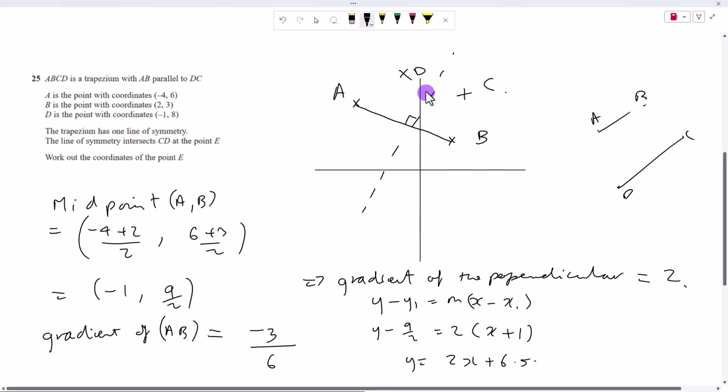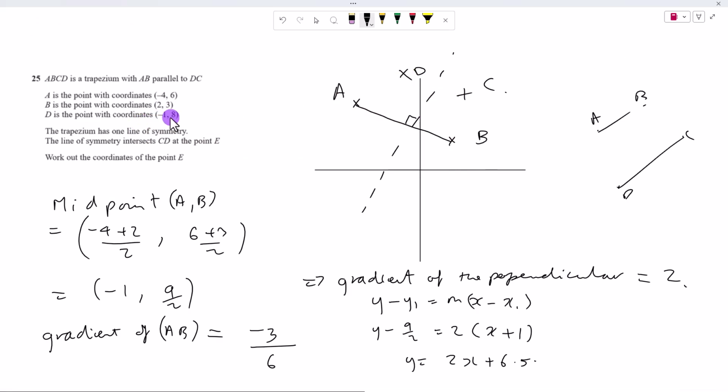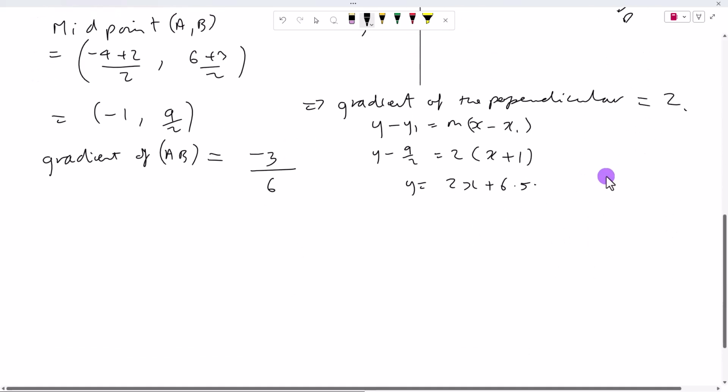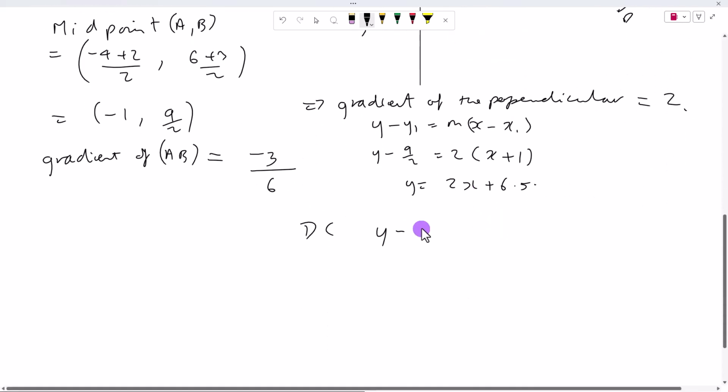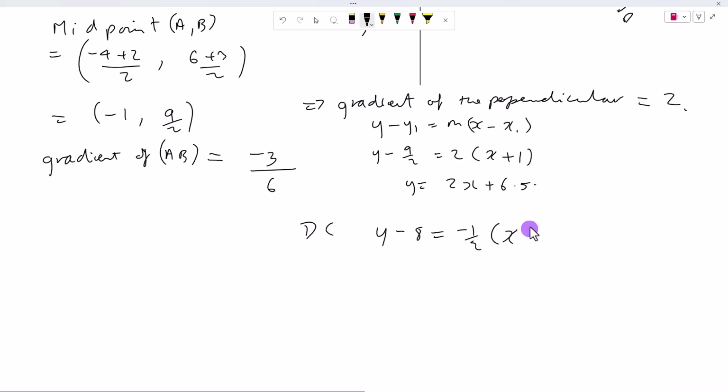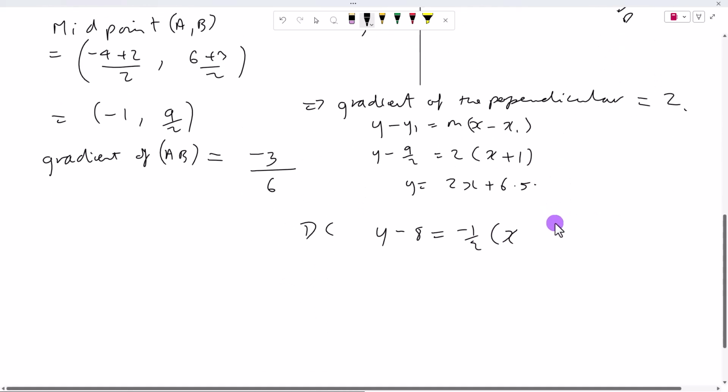Now, we also know that DC is parallel to this, and we know that D goes through (-1, 8). So I'm going to use this gradient for this line because it's parallel, and I'm going to use this point (-1, 8). So DC is going to be y minus 8 equals -1/2 (x plus 1).